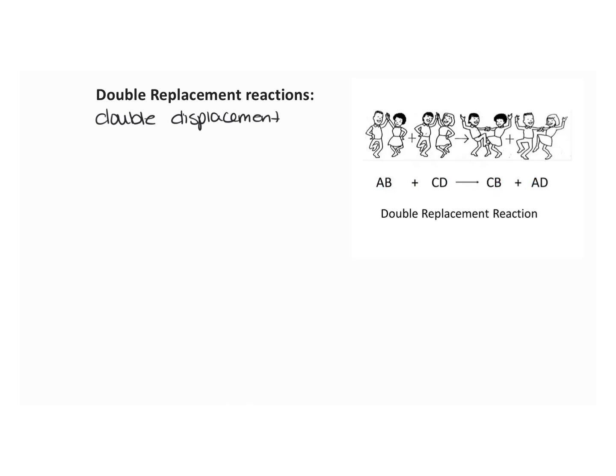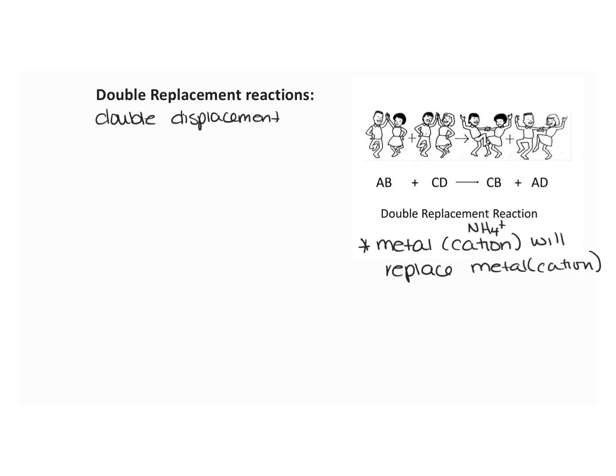Again, right, the metal or the cation, in the instance of if you're using NH4+, right, will replace the metal or the cation, right? And so here's the thing you can do. You keep the non-metals there, which are the second thing, or the polyatomic ions.